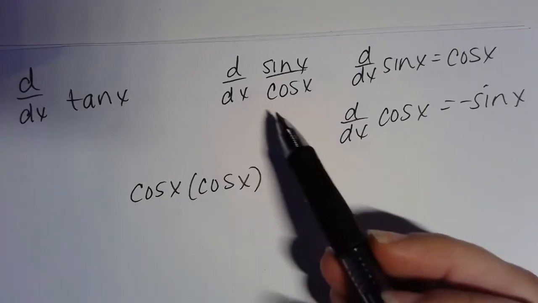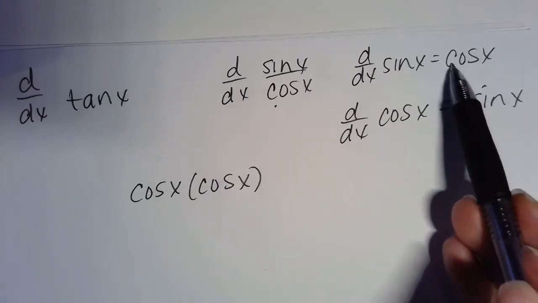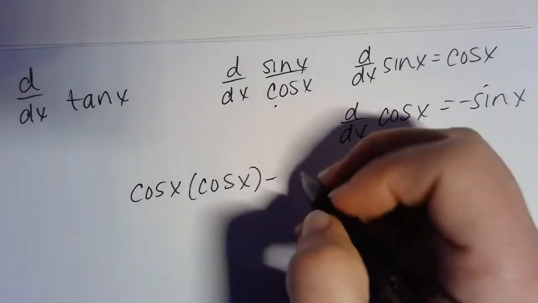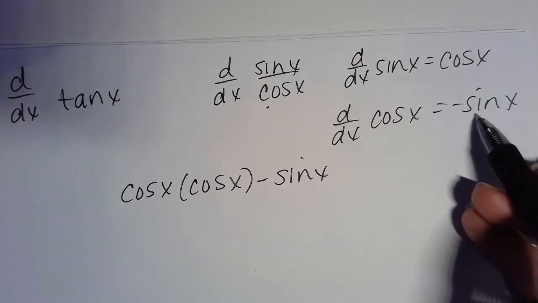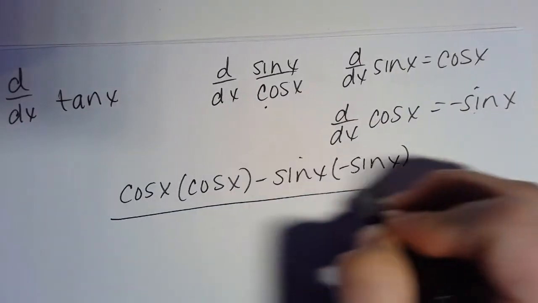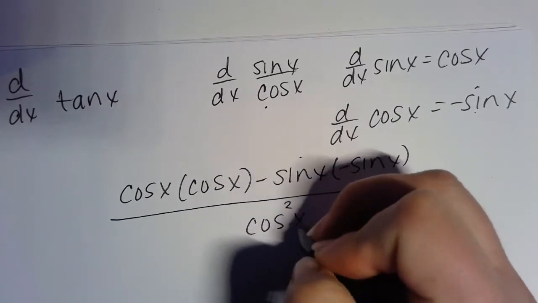All right, so I have the bottom times the derivative of the top, right? So the derivative of the top is cosine, minus the top times the derivative of the bottom. The derivative of the bottom is cosine, so this will be times negative sine of x, all over the denominator squared, cosine squared of x.